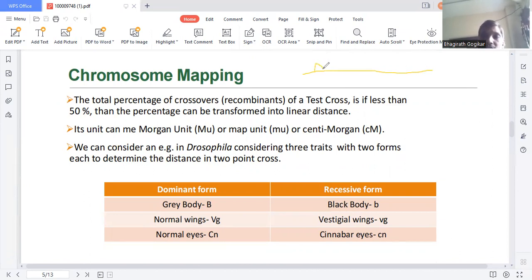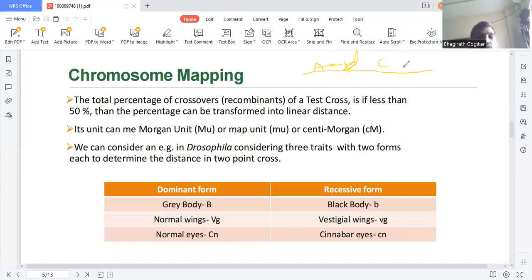Which gene is in the first position, which gene is in the second position, and the order of the genes. Not only that, the order and the relative distance between two genes can also be calculated by using chromosomal maps.